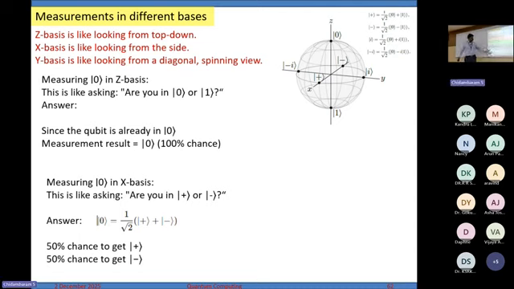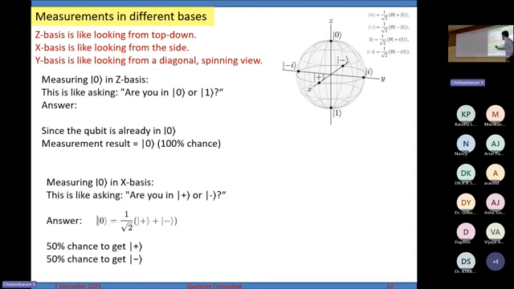So for ket 0, it is 1 by root 2 of plus state plus minus state. How has this come?